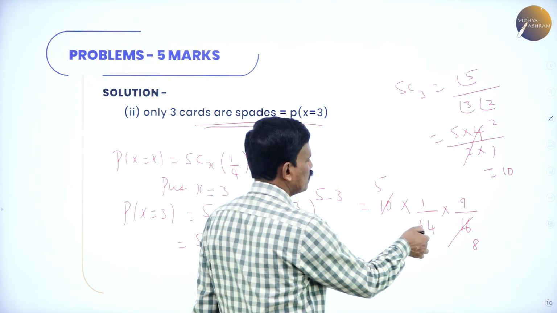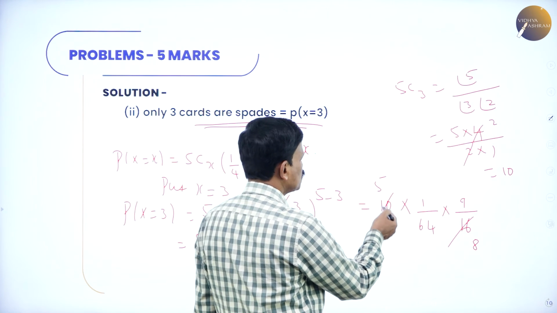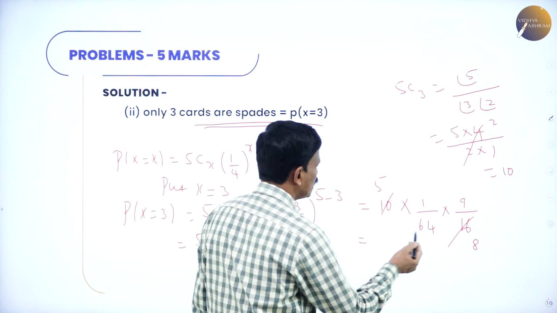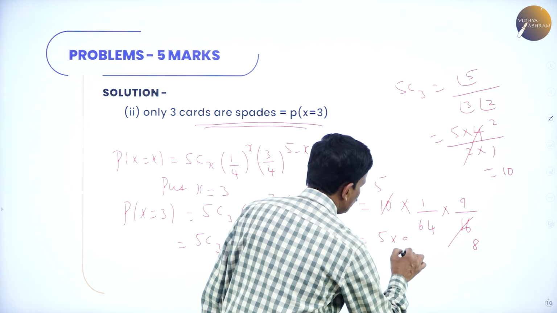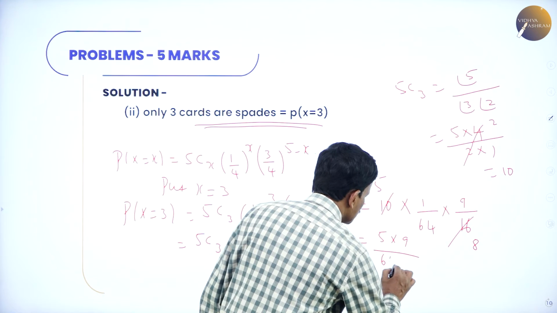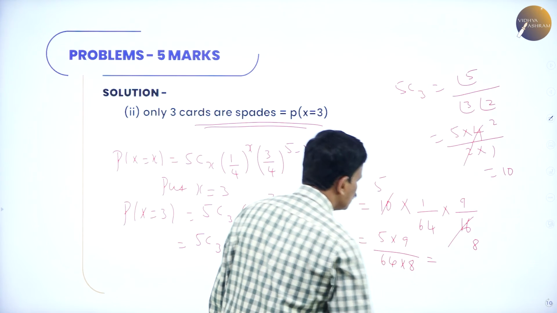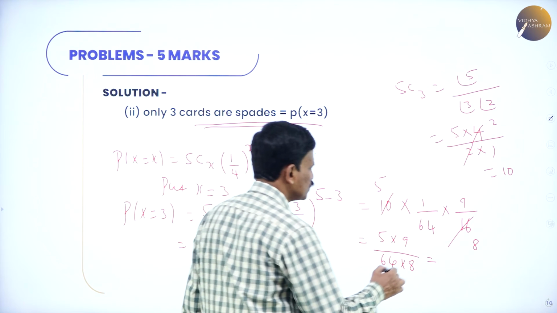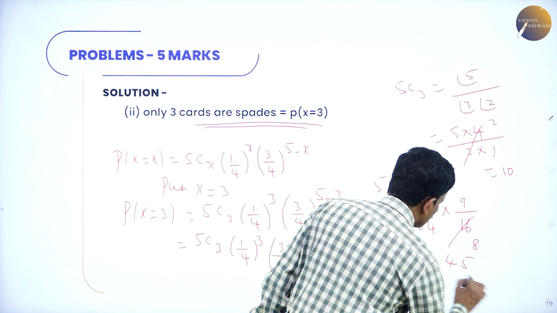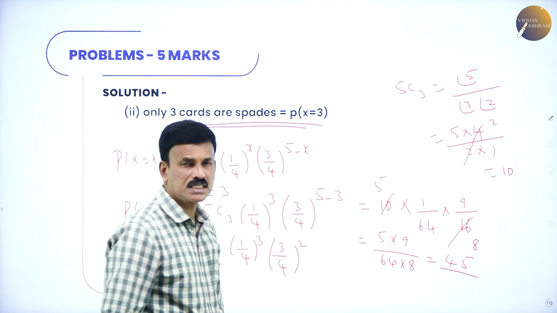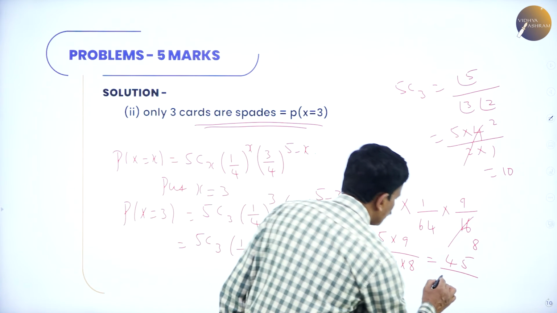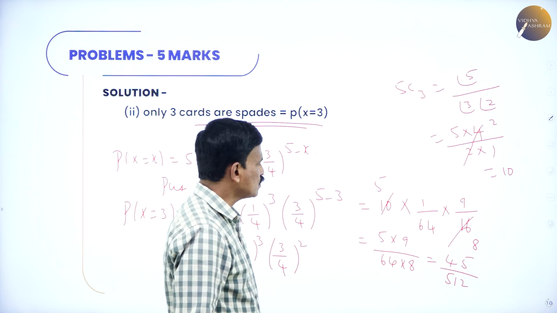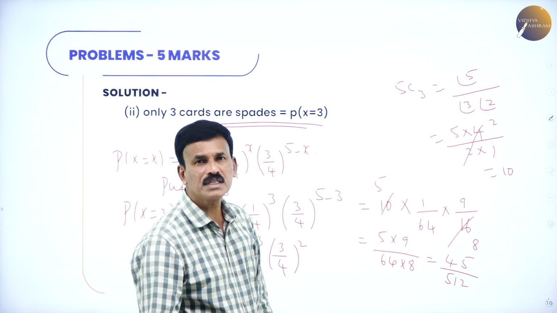So 10 into 1 by 64 into 9 by 16. 2 5s are 10, 2 8s are 16, so 5 into 9 divided by 64 into 8. 5 into 9 is 45, and 64 into 8 is 512. So that equals 45 divided by 512.